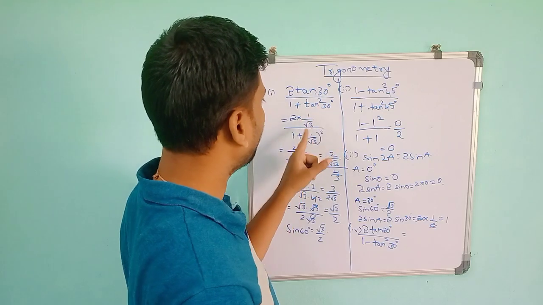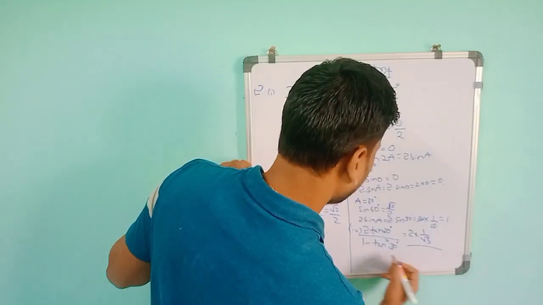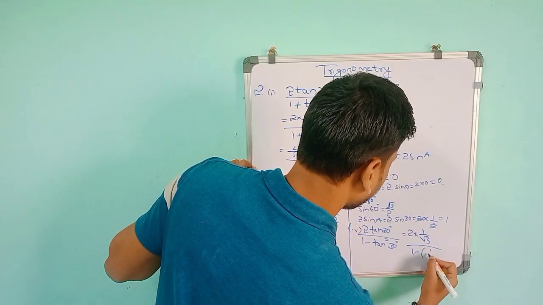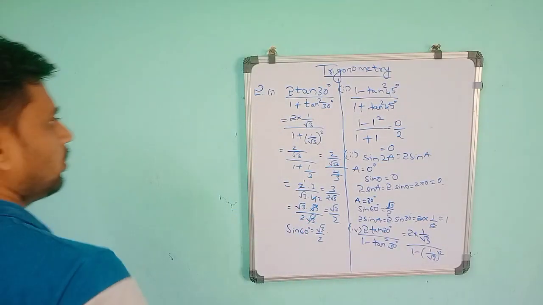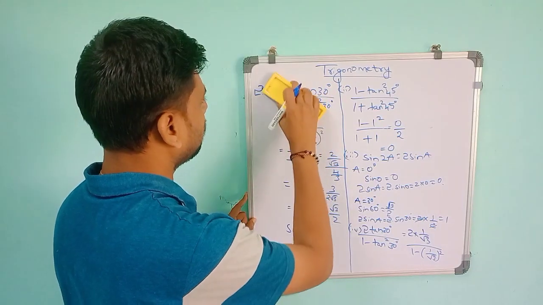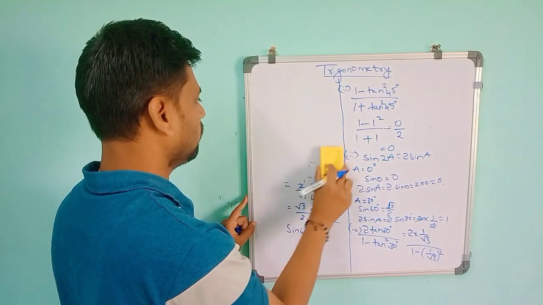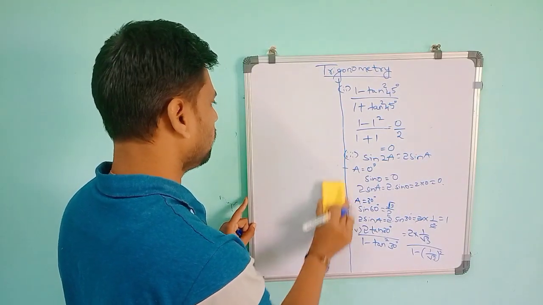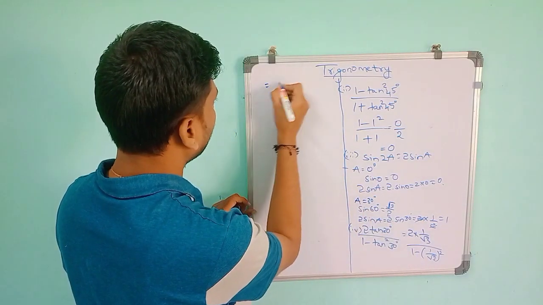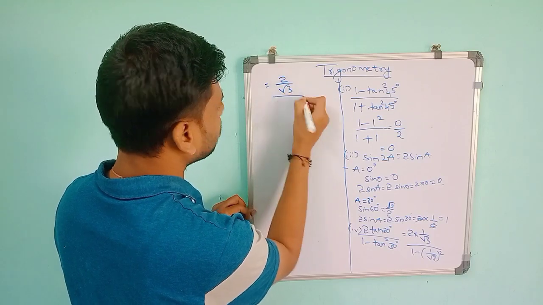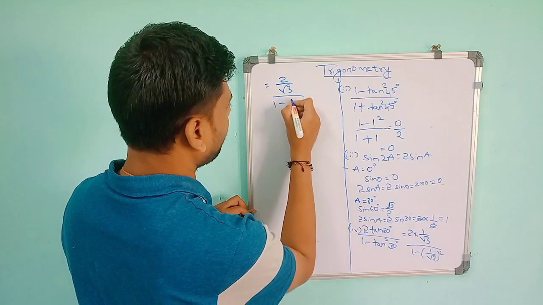What I told, tan 30 value is 1 by root 3. So 2 into 1 by root 3 divided by 1 minus tan square 30, which is 1 minus 1 by root 3 whole square. So 2 by root 3, and 1 minus 1 square divided by root 3 square, so 1 by 3.